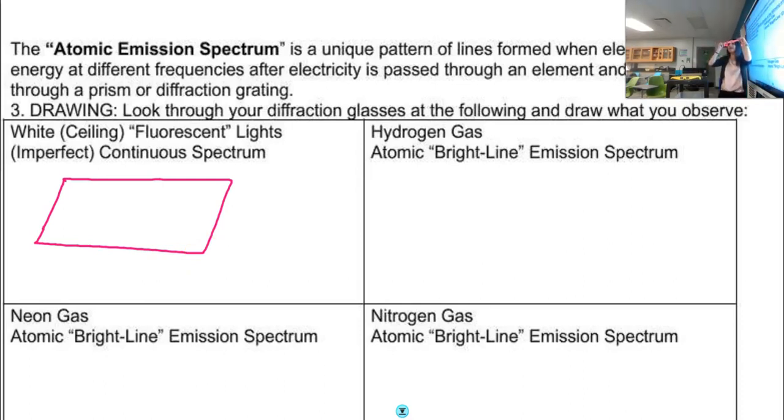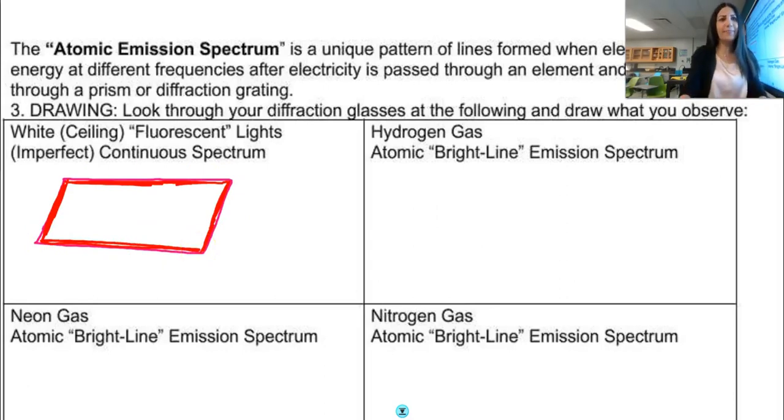So when I look at it, I see red on the edges, and then it kind of goes orange, yellow, green, blue, purple, and it starts to overlap a little bit, but that's kind of what we're seeing here. Okay, so I'm going to pause, and we're going to put the colors in. And so I'm going to kind of start off with the red on the edge here, and then I'm going to continue on and get the different colors going inside of there. I'm just going to overlap them.